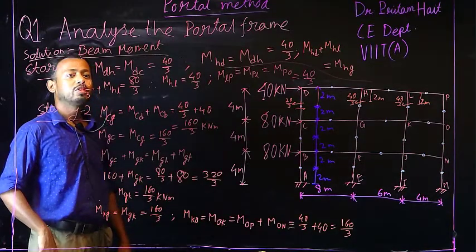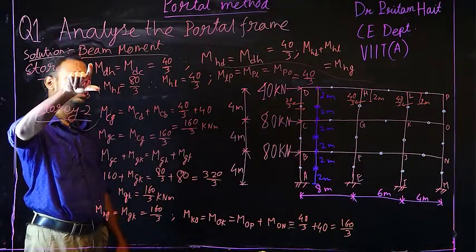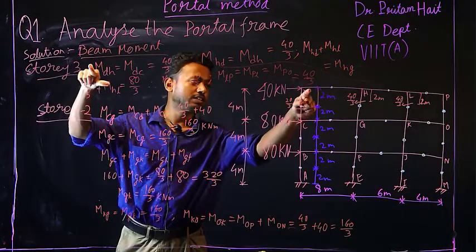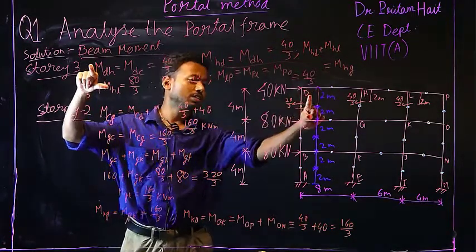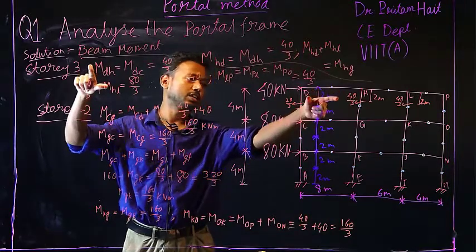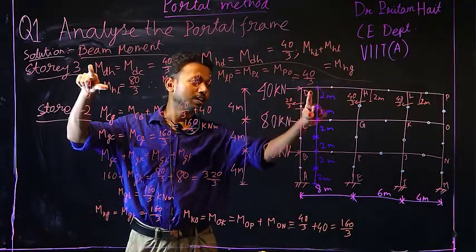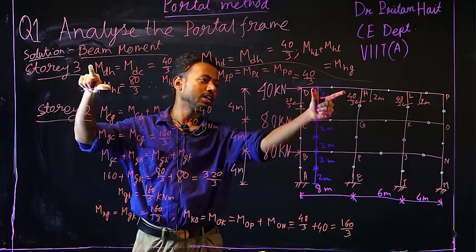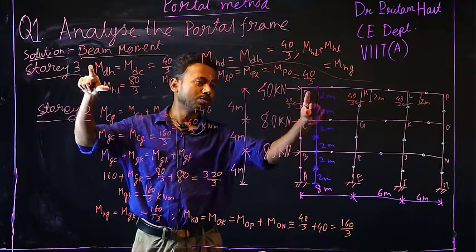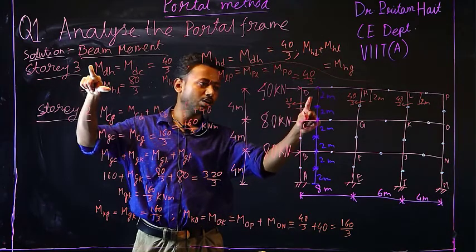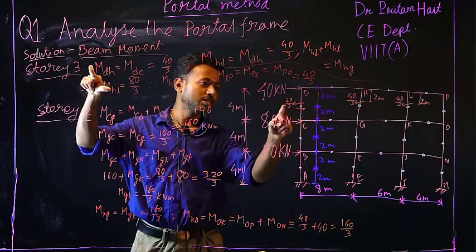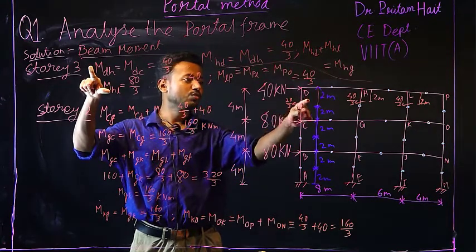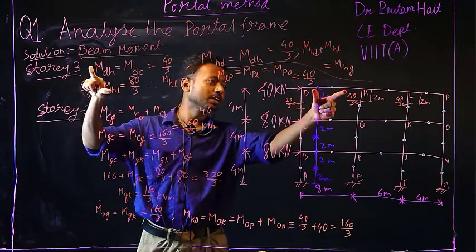So here we will calculate the beam moment. First, what is the beam moment I will get? Just see here, at this joint D, the DC column and DH beam are connected. So whatever moment is generated in the DC column, that same moment will be generated in the DH beam. So the column moment of DC, that is 20 by 3 into 2, will be the same moment in the DH beam.